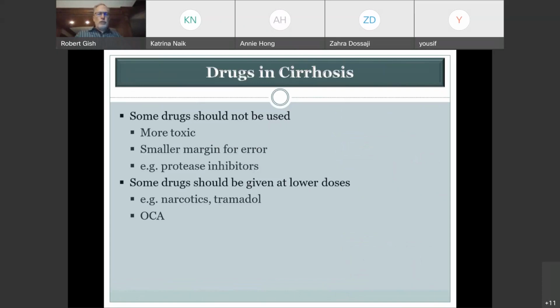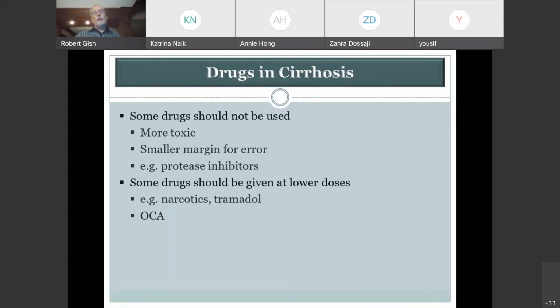Older age, women, higher milligram or gram dosing, and cirrhosis are 4 factors that increase the risk of drug-induced liver disease. Drugs in cirrhosis: narcotics, tramadol, you're going to use at half or a third dose.